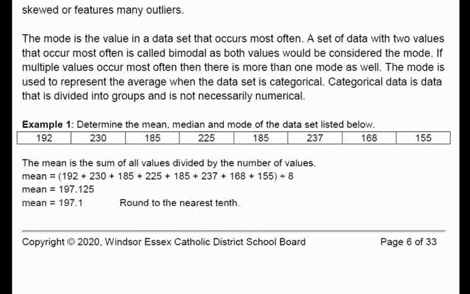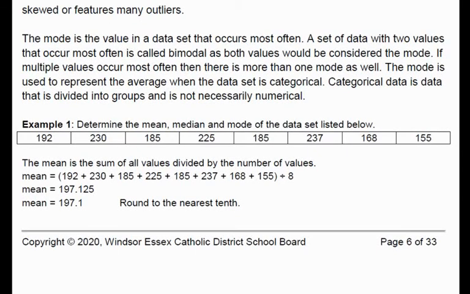And the mode is the value in a data set that occurs most often. So if we have a value that shows up twice or 3 times or more times than any other data set value, we would call that the mode. It's also possible to have multiple modes. If we have something that has 2 values that occur most often, then we would call that a bimodal data set. And we would use the mode as our average when we're looking at categorical data.